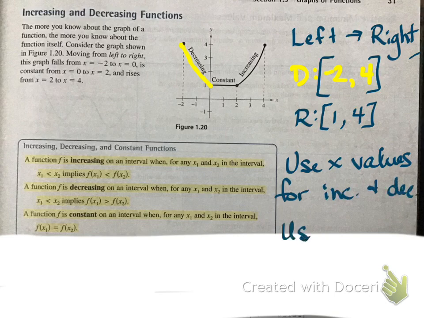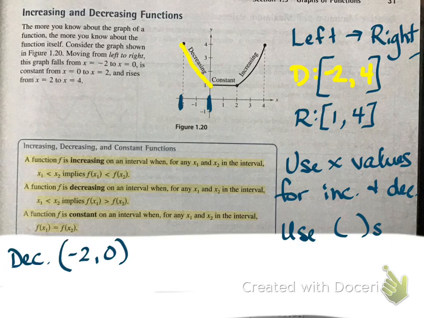And we use parentheses. We don't have to worry about brackets. So I want to state the interval where it's increasing and decreasing. So at the beginning we are decreasing, we use x values, so from here to here. So we're decreasing from -2 to 0. And we always use parentheses.